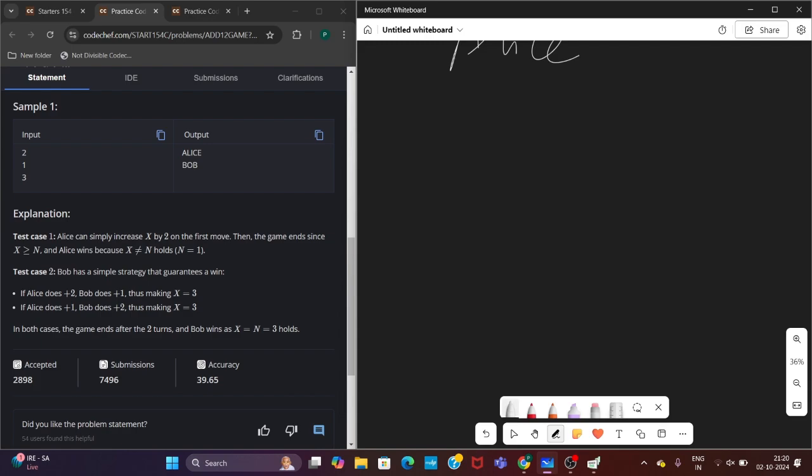But let's see what will happen if n is equal to 3. Here x is 0. First Alice's turn comes, and x will now be 2.